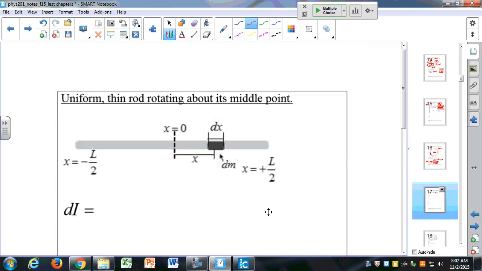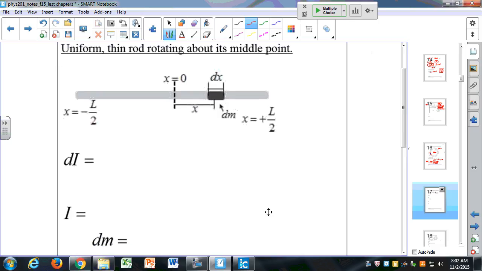All right, so let's look now at a rod, a uniform thin rod rotating about its middle point. So this is like you doing a cartwheel about your belly button. The first thing we want to do is define what our mass elements are. So my mass element here is dm. It's located at a distance x from the axis of rotation, and it has a width dx.